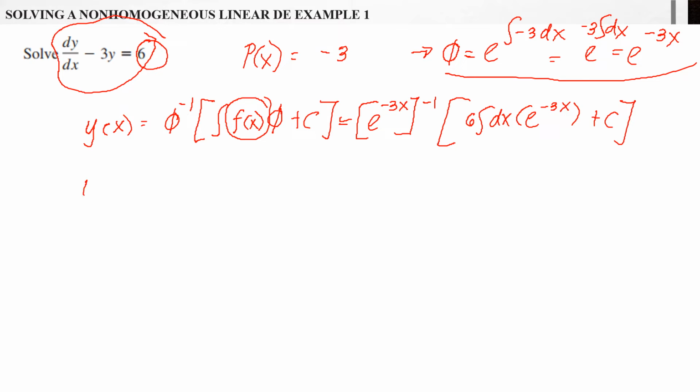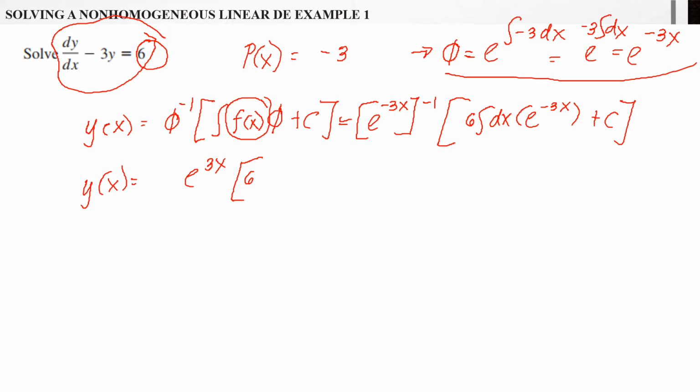So this takes the equation equal to e to the 3x, then 6, and then we have e^u du.